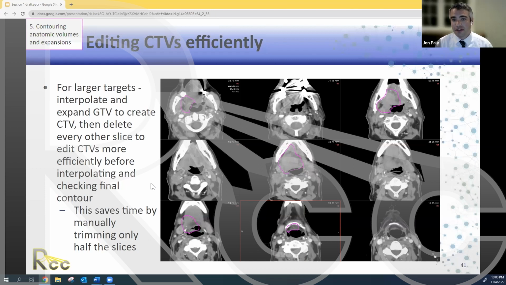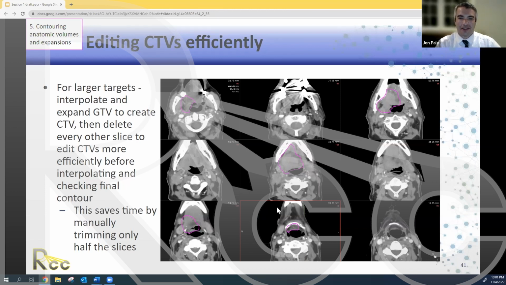Something that I learned early that I've continued to do and has served me well is that for larger targets, I'll start by completing my GTV and interpolating it, and then expanding the GTV to make my CTV. I'll then go through and delete every other slice through that whole CTV structure. I'll just hit down, delete, down, delete, down, delete, or sorry, down twice, down, delete, down, delete. Don't want to delete the whole thing. Delete every other slice so that you get something that looks like this.